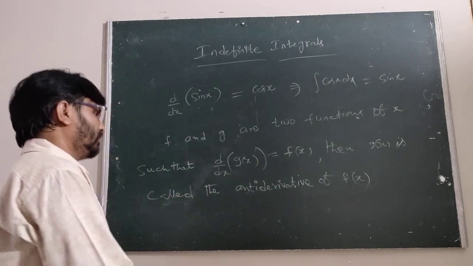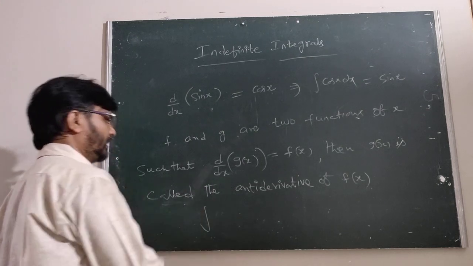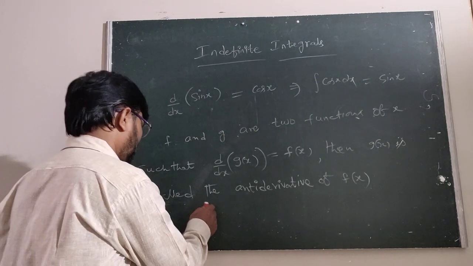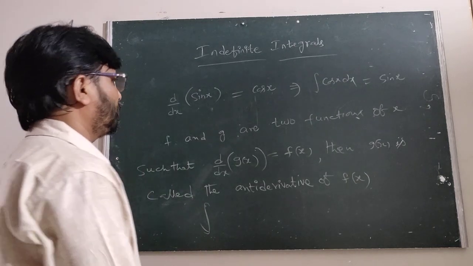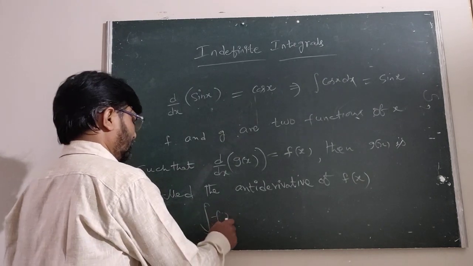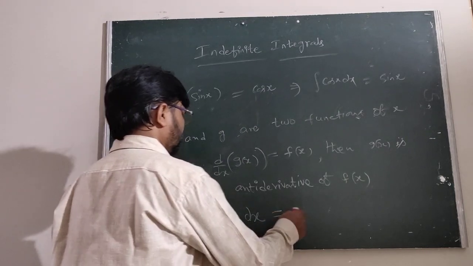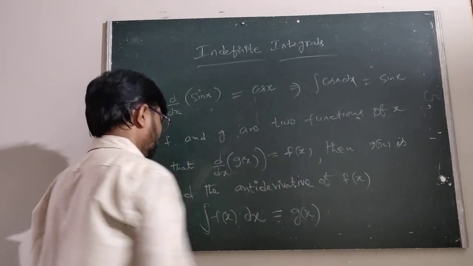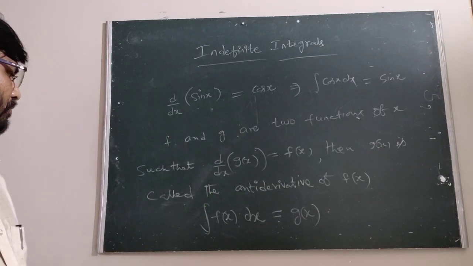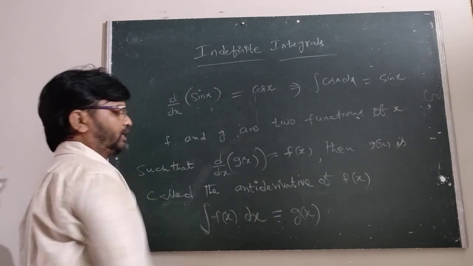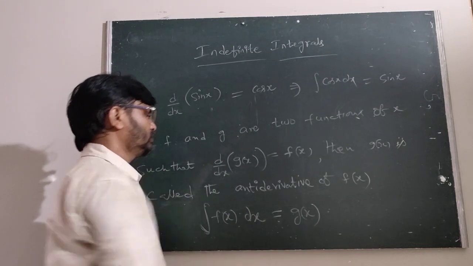This can be denoted symbolically: the integral of f of x dx is g of x. That is, the integral of f of x with respect to x is g of x.